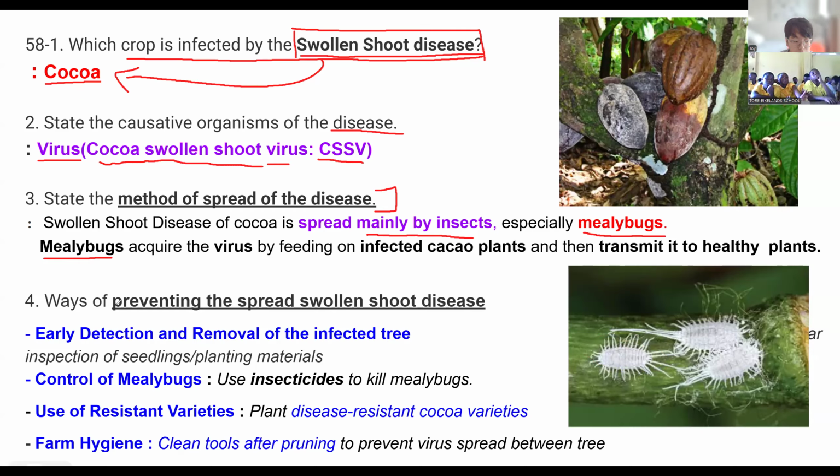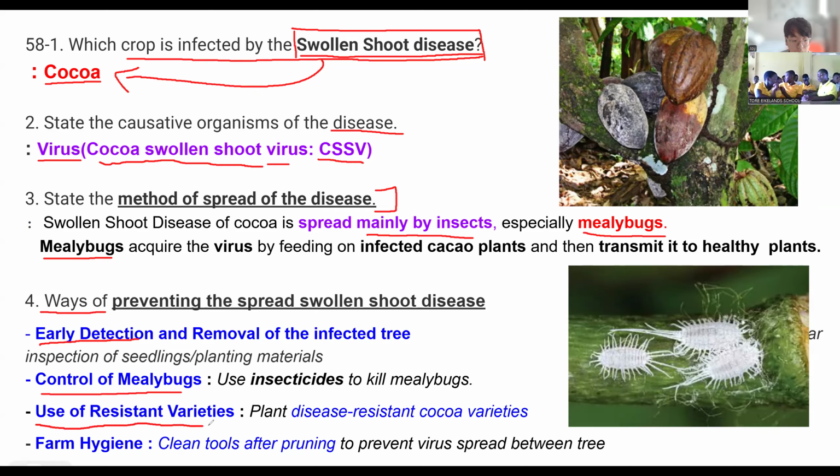Number 4 asks for some ways of preventing the spread of swollen shoot disease. You can prevent this by early detection of the disease, and you can remove the infected trees right away. You can find ways to control the mealybugs, maybe using insecticides to kill them.